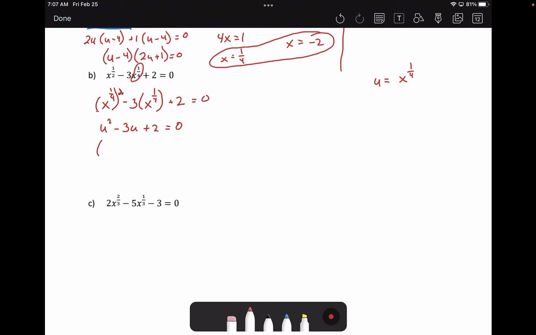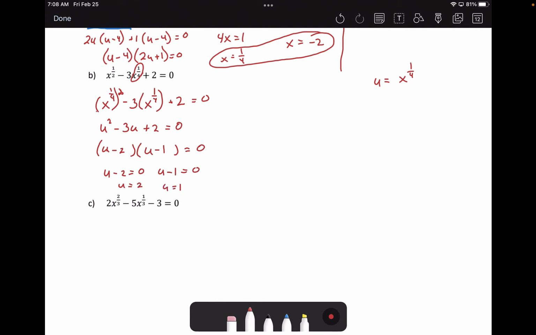Factor. We're looking for two numbers whose product is 2 and whose sum is negative 3. That'll be negative 2 and negative 1. Set each factor equal to 0. And we get u equals 2 and u equals 1.